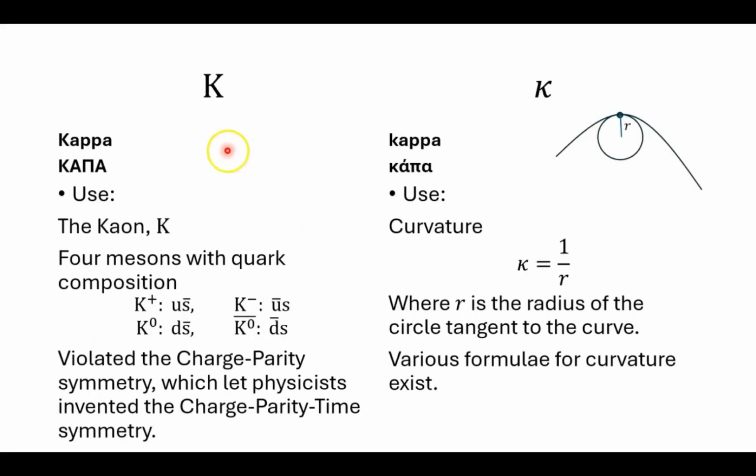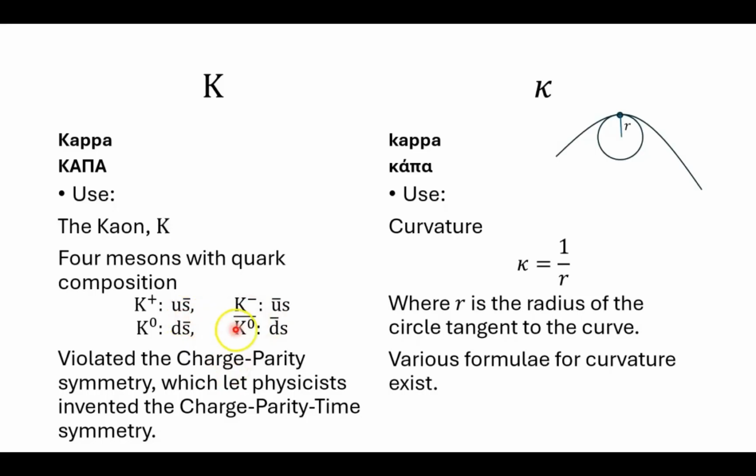The next letter is kappa. The uppercase is used to represent the kaon. It's a family of 4 mesons with these quark compositions. They are mesons, so they have one matter quark and one antimatter quark in them. For example, the kaon with a positive charge is composed of an up quark and an anti-strange quark.